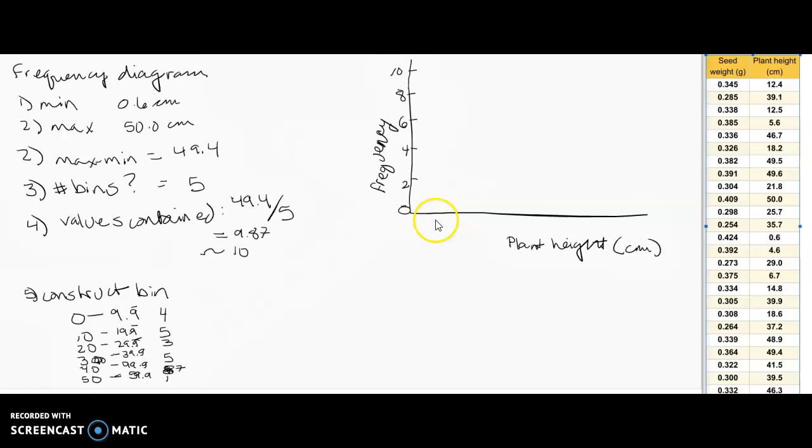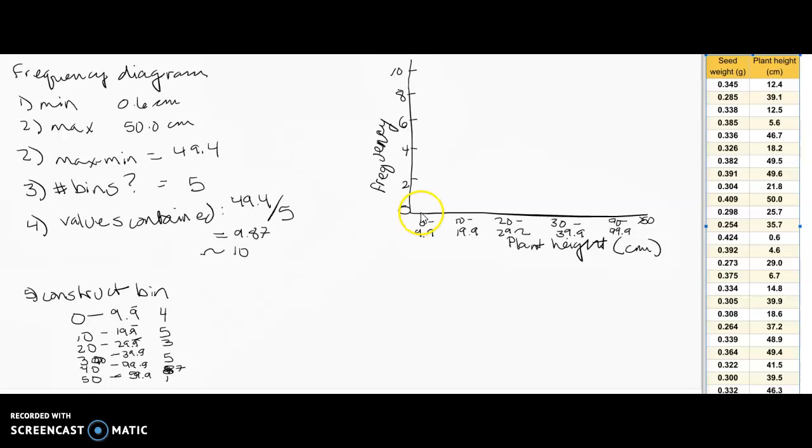And then for plant height, our first bin is 0 to 9.9, 10 to 19.9, 20 to 29.9, 30 to 39.9, 40 to 49.9, and then 50 or greater.